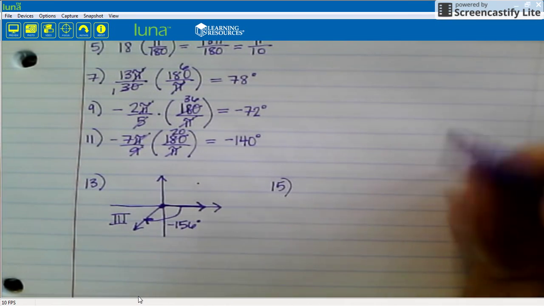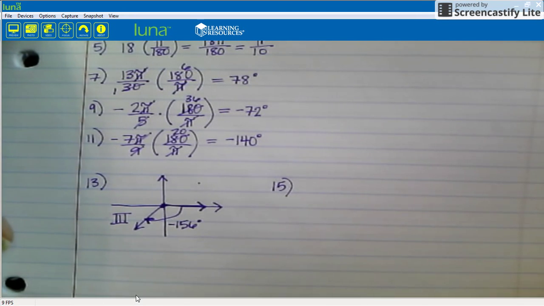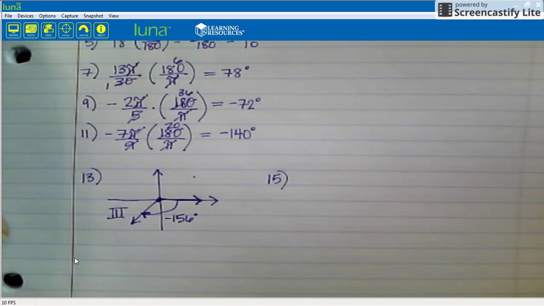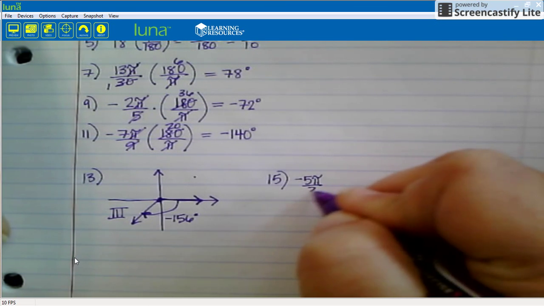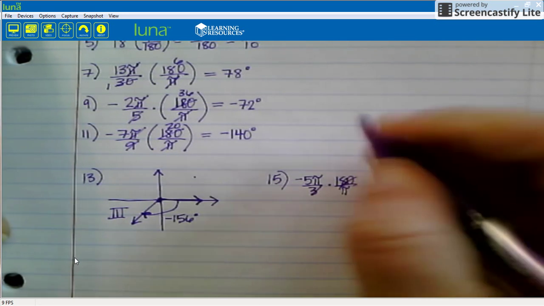For number 15, if I have negative 5 pi over 3, you can work with your radians if you want to. It's always more helpful for me if I convert it over to degrees just because my brain thinks in degrees. So I'll have negative 5 pi over 3 times 180 over pi, and I'll simplify this down a little bit.